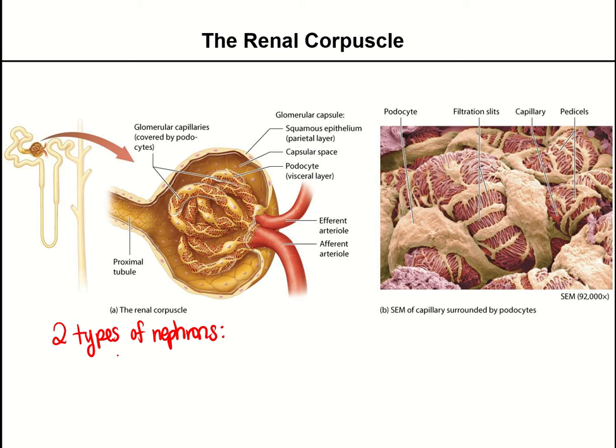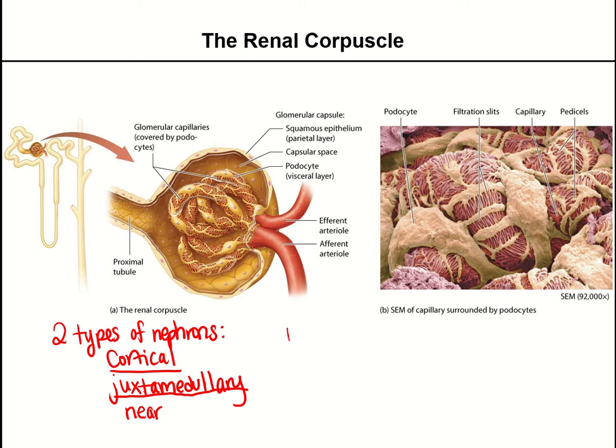Our cortical nephron, which is going to be, like the name says, in the cortex, and our juxtamedullary nephron, which, if any of you in your English classes talked about juxtaposition in your writing, juxta means near or next to, so it'll be near your medullary region.